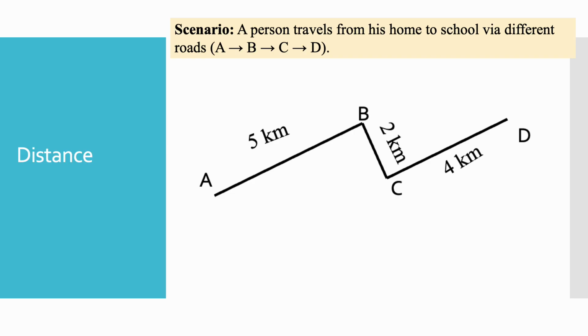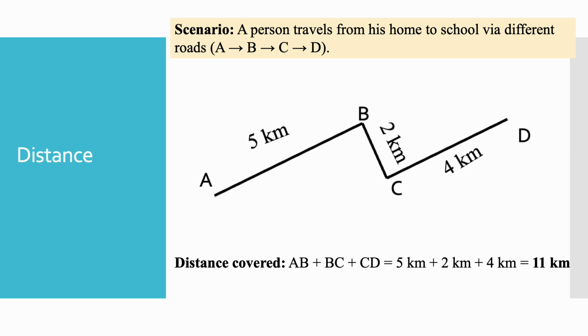For example, if a person travels from his home to school through these points A to B, B to C, and then C to D, this is the path. So he is covering 5 kilometers, then 2 and then 4. So 5 plus 2 plus 4 kilometers is equal to 11 kilometers. Distance is always positive and it does not depend on direction.